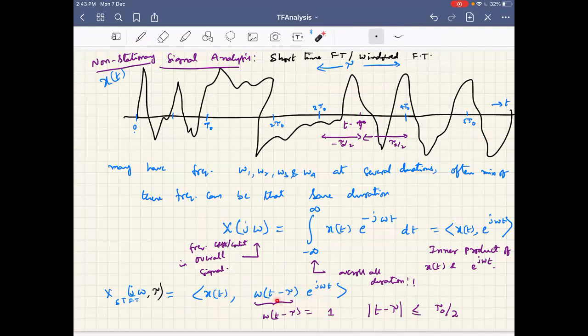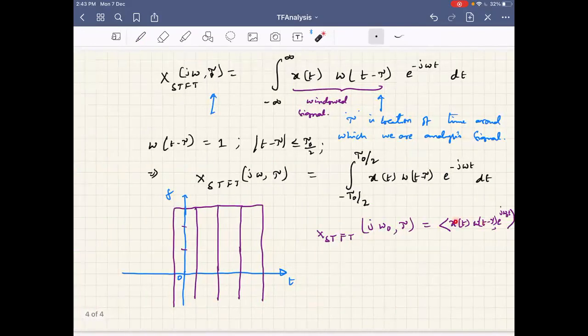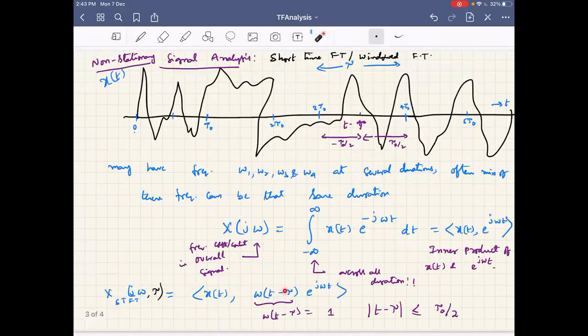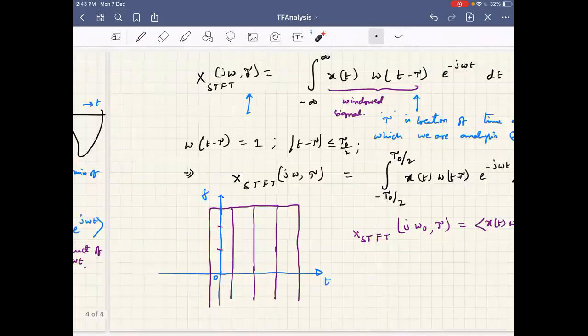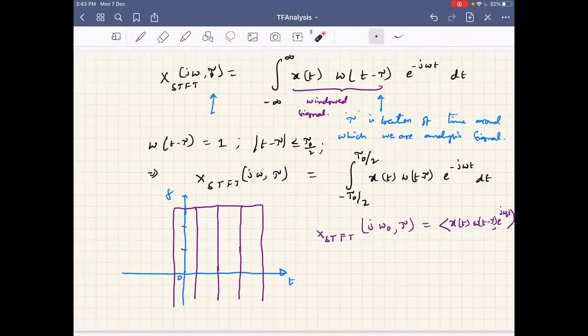In one, we are considering the exponential of shorter duration to do the inner product, and in the other we are windowing the signal and doing the inner product. Both are essentially the same operation. Interpretation-wise, one is windowing the signal and the other is taking a basis function of short duration. With a windowed basis function, it analyzes the frequencies at a particular omega naught.